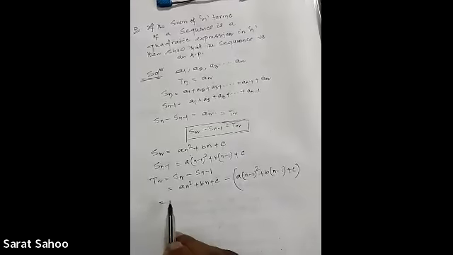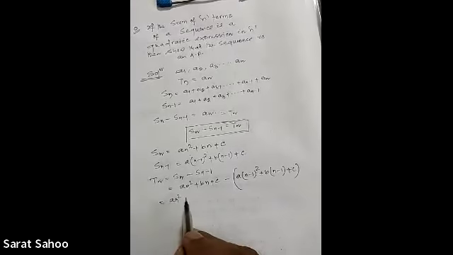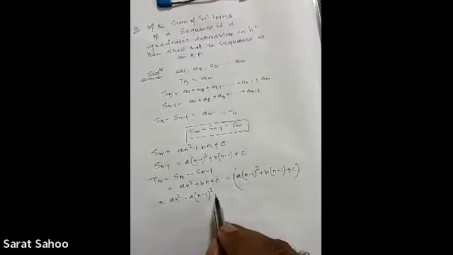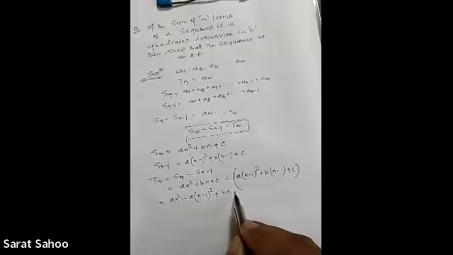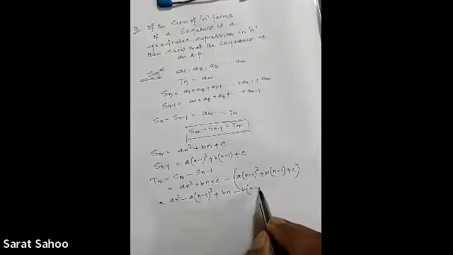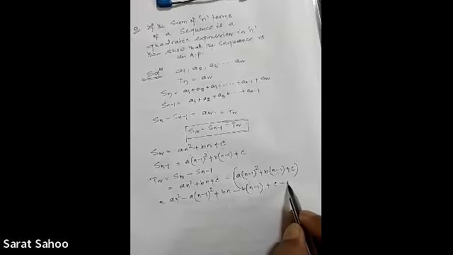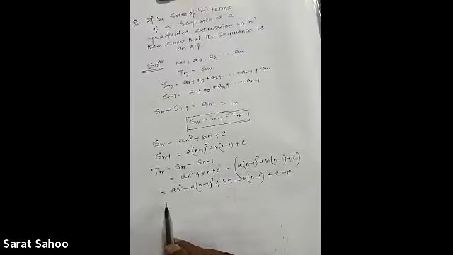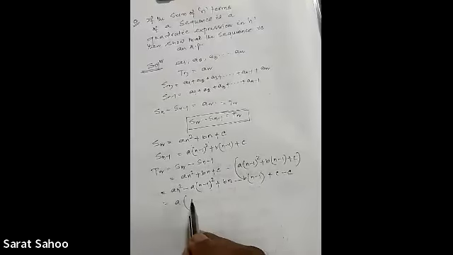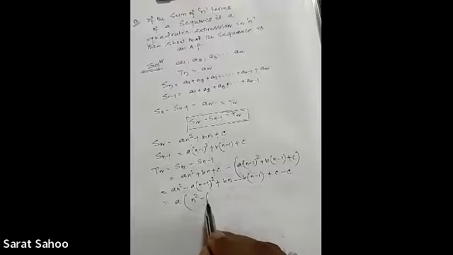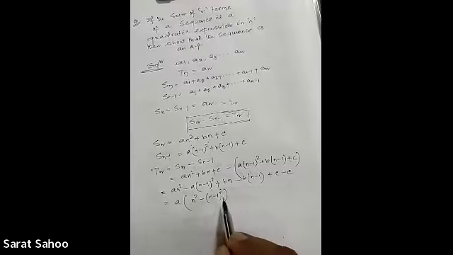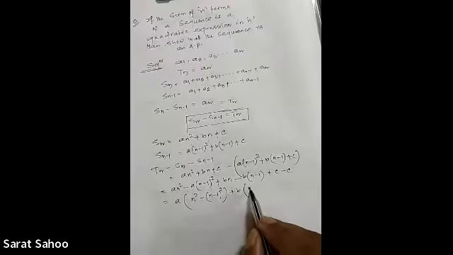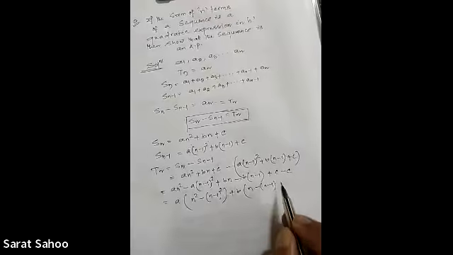This is equal to an square minus a into n minus 1 square plus bn minus b into n minus 1 plus c minus c. C minus c cancels. Now you can take a as common from the first two terms. It will be a times n square minus n minus 1 square. From the next two terms, we can take b as common, b into n minus n minus 1.